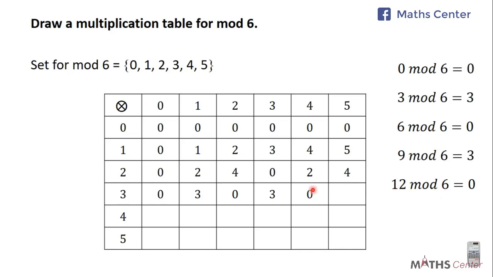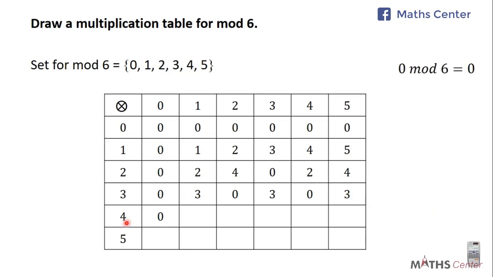So you write the remainder. So 12 mod 6 is 0. 3 times 5 is 15. 15 mod 6 is 3. You divide 15 by 6, you have 2 remainder 3. So 15 mod 6 is 3. Let's move on to the next row.